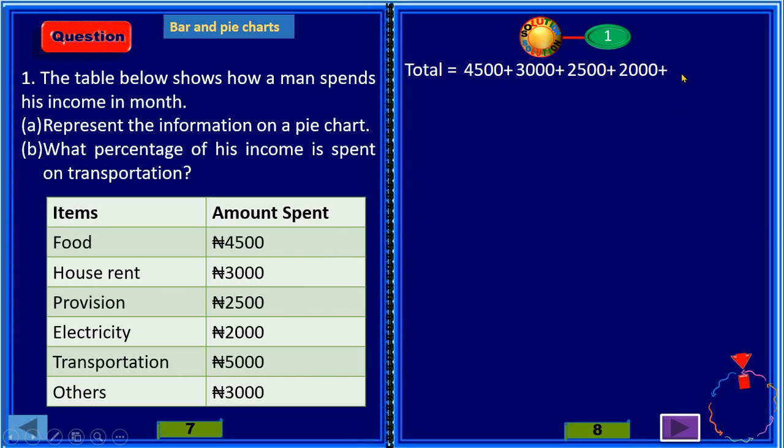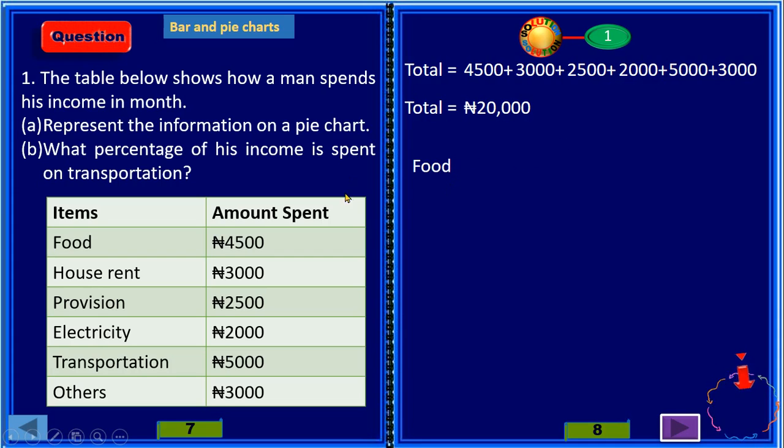Then for transportation, we have 5,000. And finally for others, we have 3,000. Using a calculator to add all these numbers together, the total expenditure will be 20,000, 20,000 for that month.